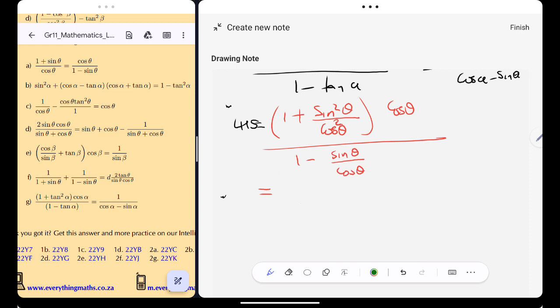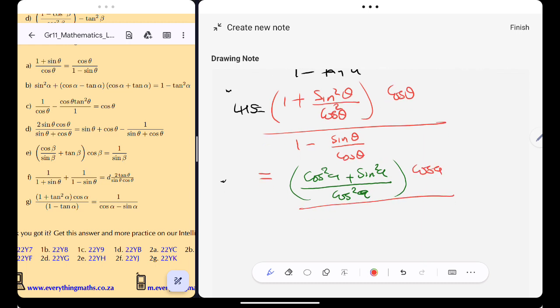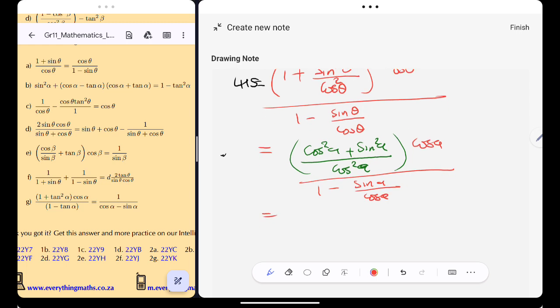Inside the bracket I have my LCD there, which is cos squared A. Whenever I multiply the first term by the LCD, I'll get cos squared A. Whenever I multiply the second term by the LCD, I will be left with sine squared A. This entire thing is still multiplied by cos A all over 1 minus sine A over cos A, right? But cos squared A and sine squared A will give me 1.